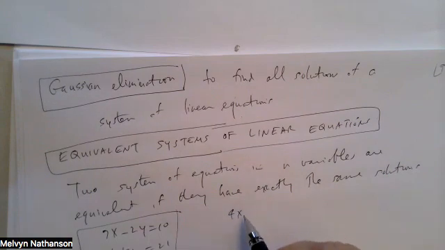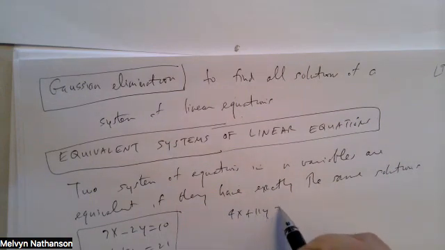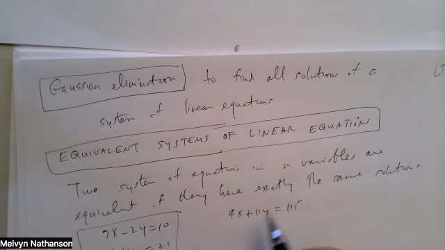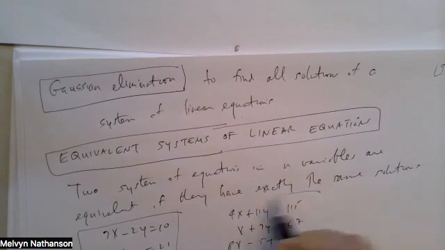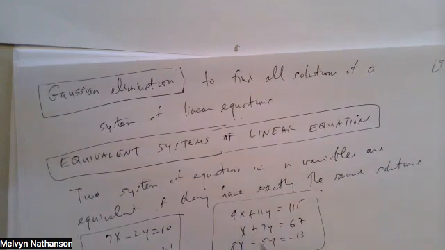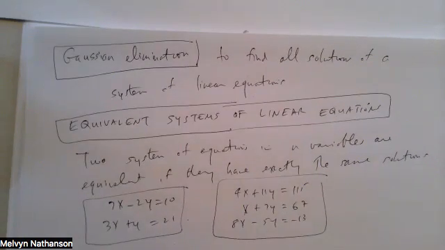If you look at 4x plus 11y equals 115, x plus 7y equals 67, and 8x minus 5y equals minus 13. The important thing is they have the same number of variables. Both of these systems have two variables, x and y.